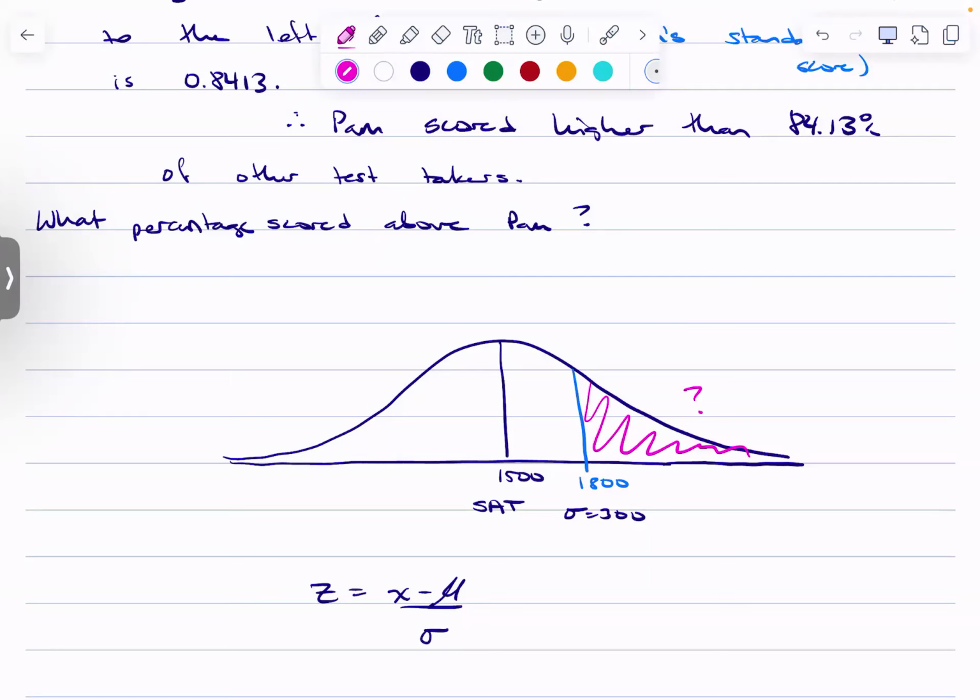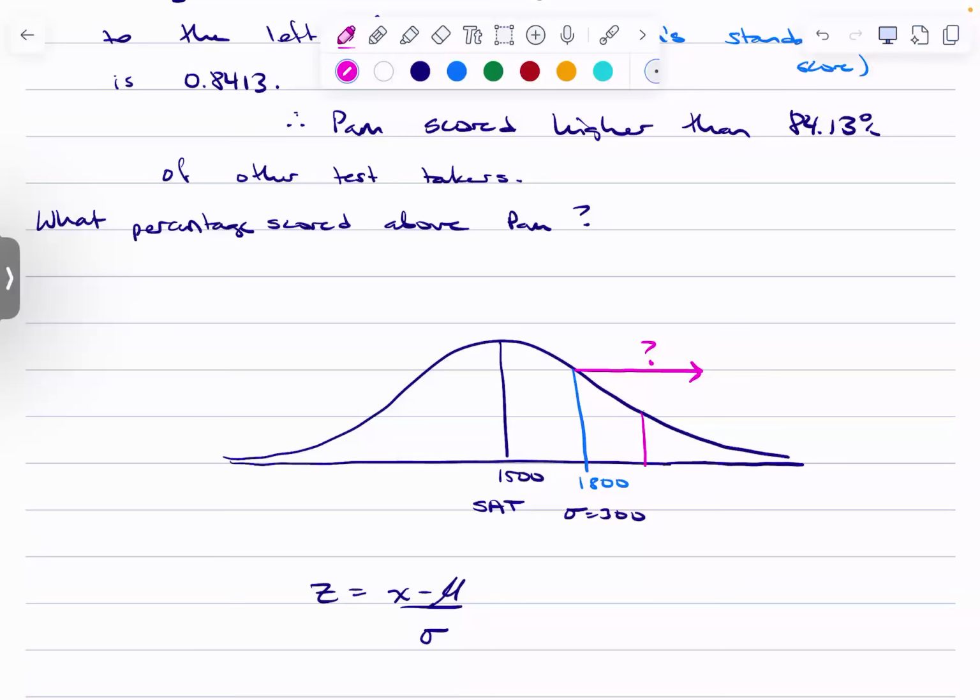You'll see that I don't tend to shade in the areas because it gets really overlappy and bogged down really quickly. Instead, usually how I show that I'm looking for this area is I draw an arrow in that direction.